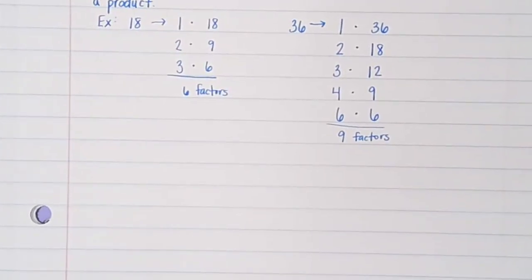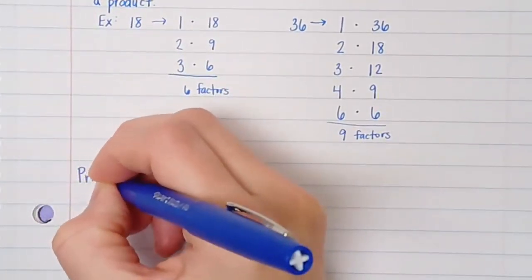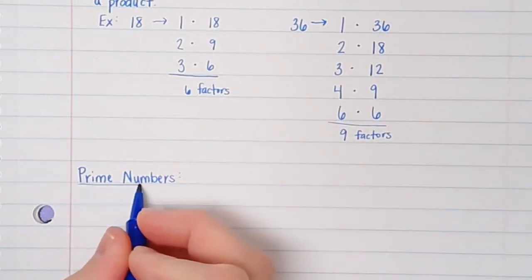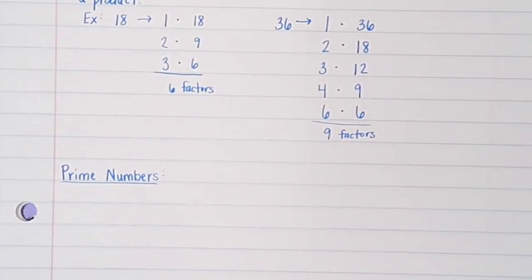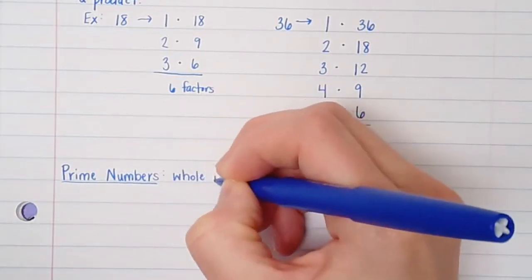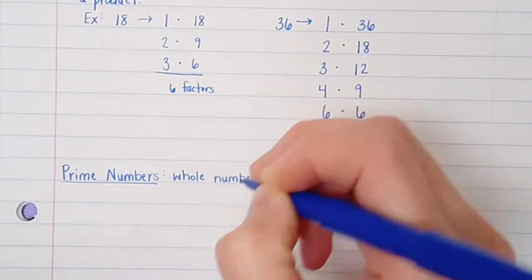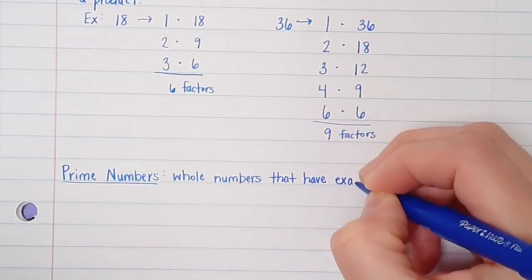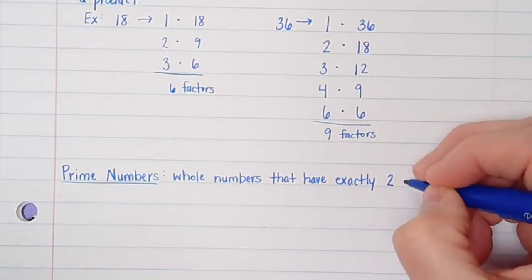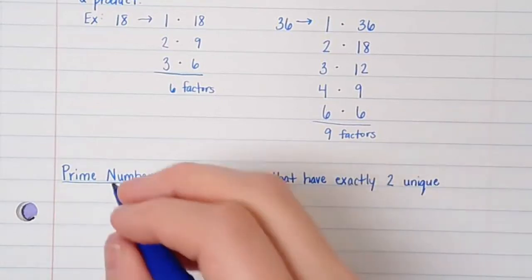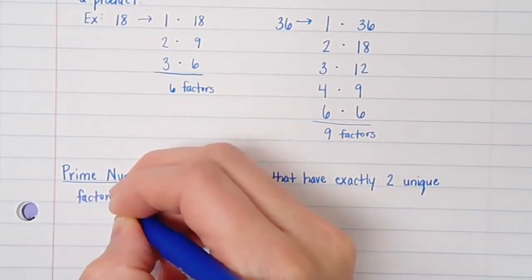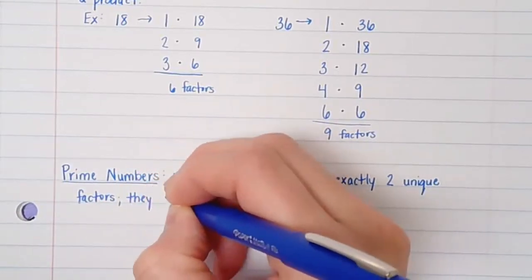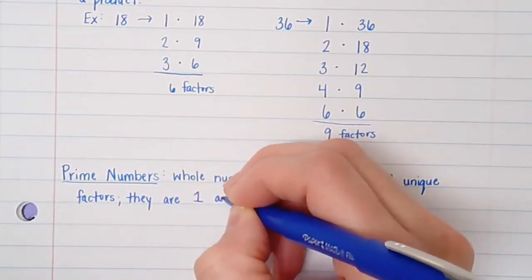Let's talk about prime numbers. Okay? So a prime number, they are whole numbers that have exactly two unique factors, they are 1 and the number itself.